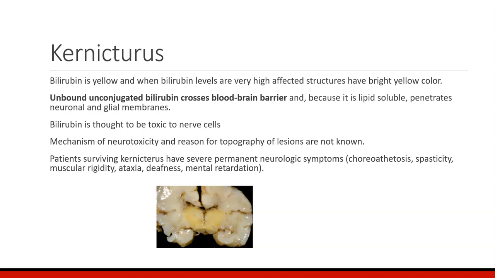Patients surviving kernicterus have severe permanent neurological symptoms, which include choreoathetosis, spasticity, muscular rigidity, ataxia, deafness, and mental retardation. Unfortunately, because we're seeing a brain, this patient did not survive.